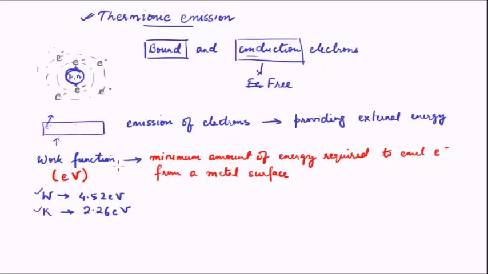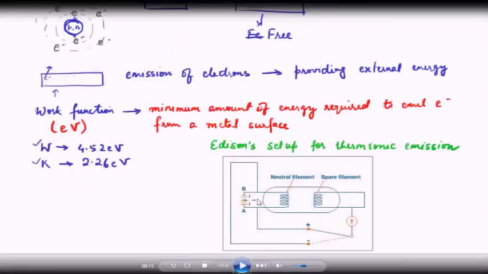Now I will discuss an example of an experiment which was carried out by Edison to demonstrate thermionic emission. Let's do that. So what he did here was he took this filament and he applied a huge potential difference by a battery across this filament.